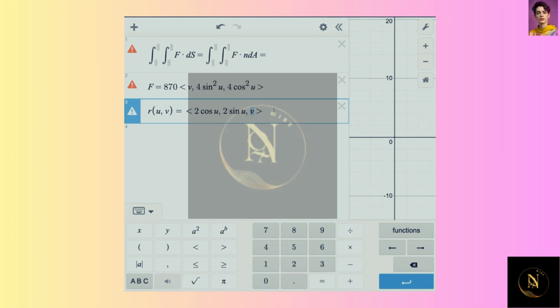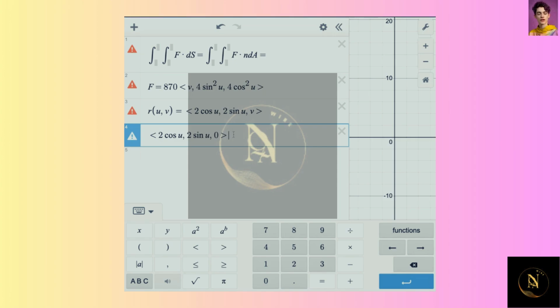When we take the partial derivative of r with respect to v, we get that these will both be 0, and this will just be 1. So when we take the cross product, we end up getting (2 cosine u, 2 sine u, 0). That's the cross product of r_u cross r_v.